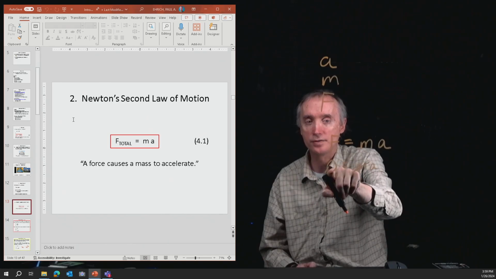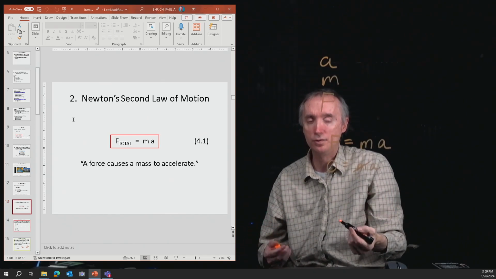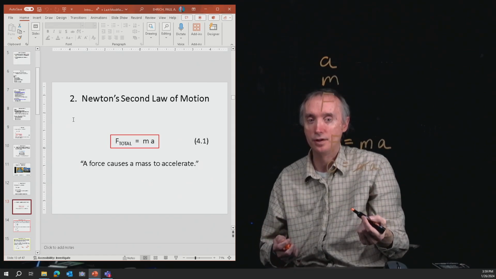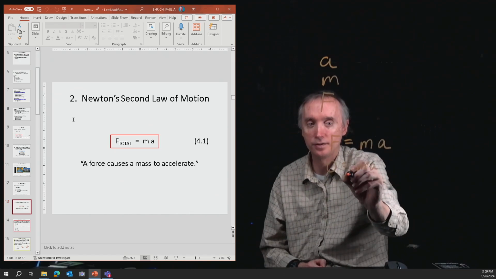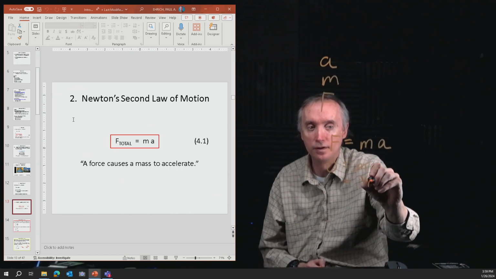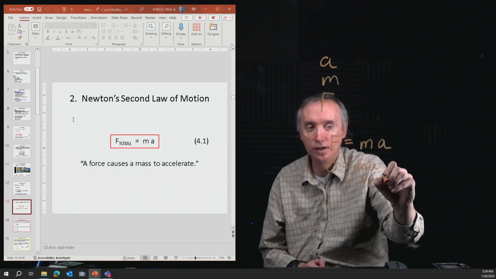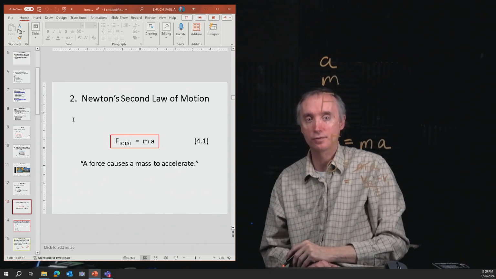And so now you've got 0 is equal to a. What does that mean? 0 acceleration means it's moving at a constant speed, because this thing here is going to be v final minus v initial over t. That's the definition of acceleration.